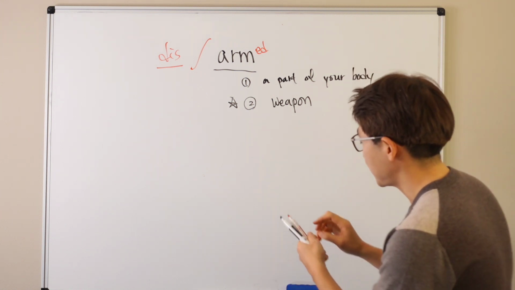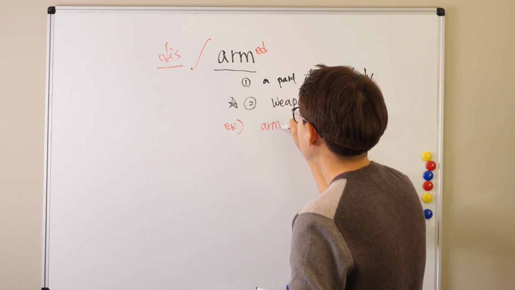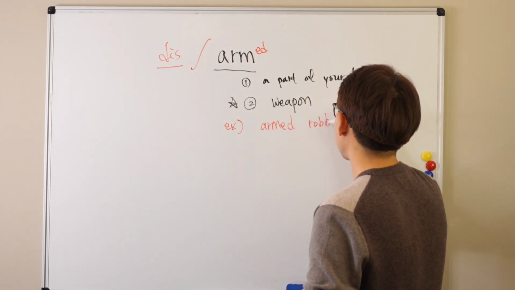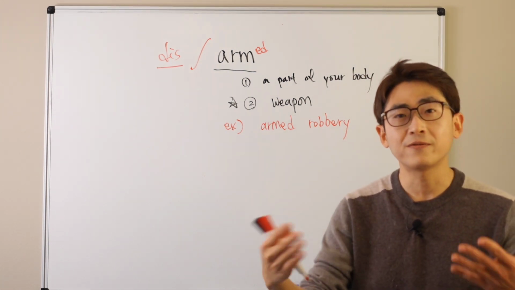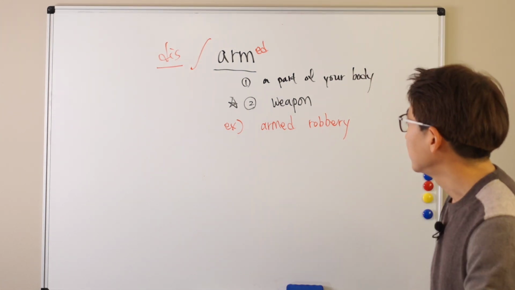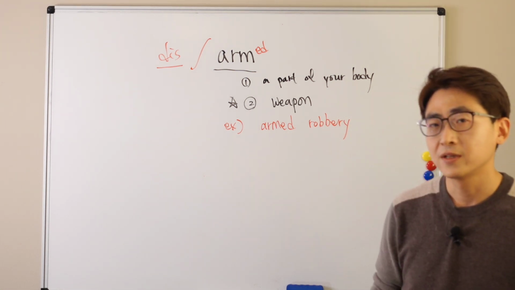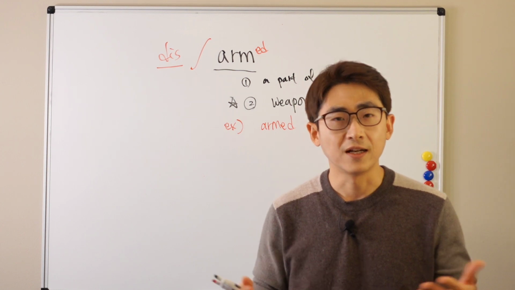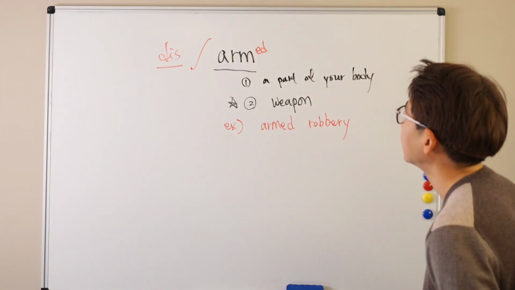Okay? So an example would be, we can say armed robbery. So instead of just using your bare hands or bare feet to take money off of someone, you use weapons. So armed robbery typically involves guns, machine guns, or things like that, right?